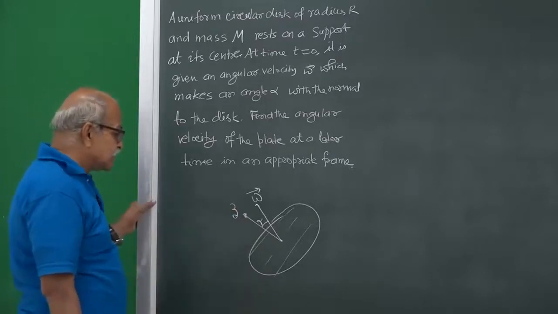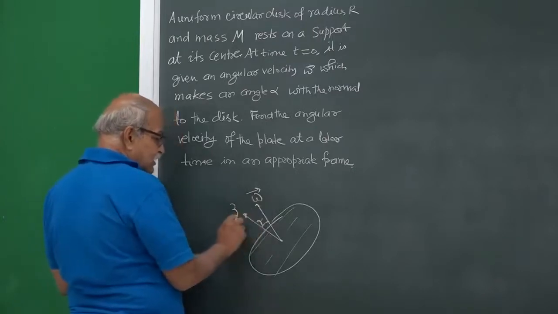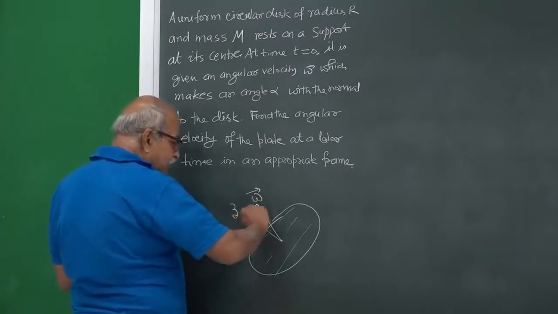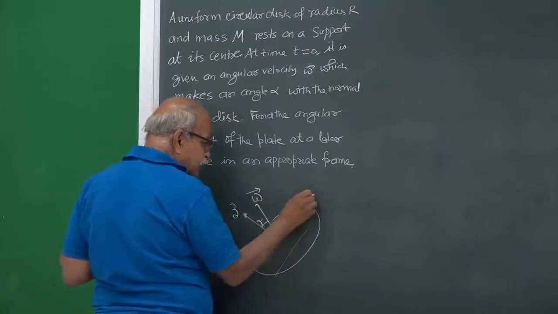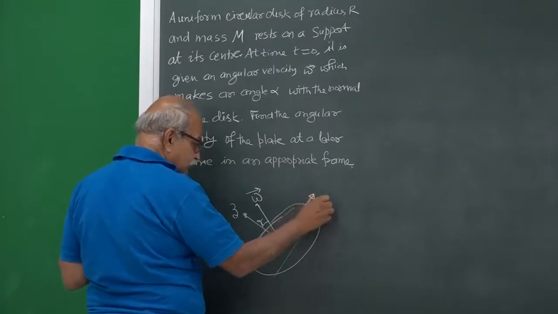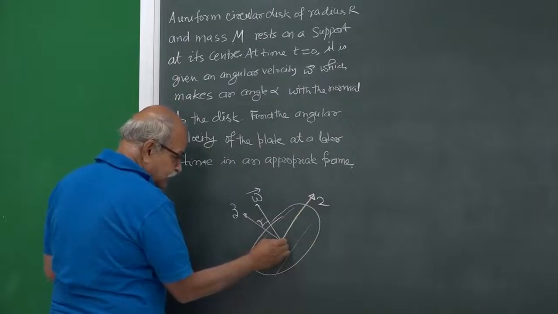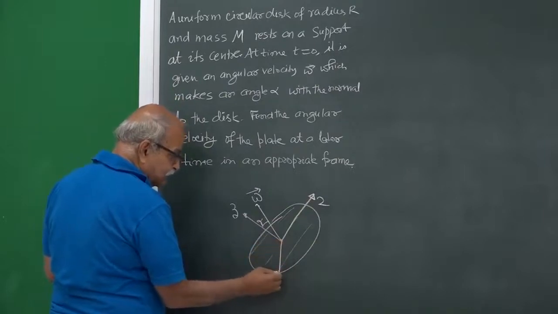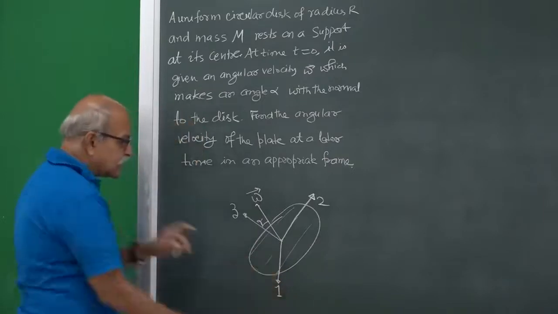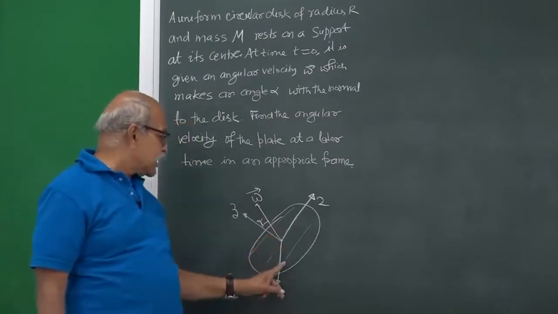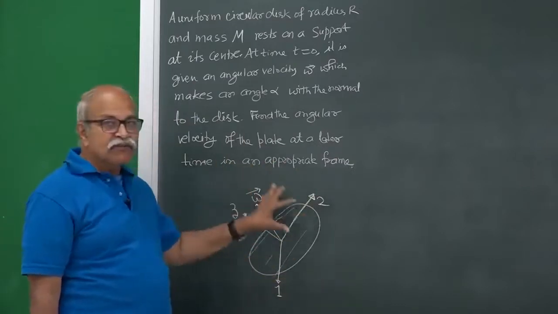So, this is 3, and at t equal to 0 you know what is omega and what is this 3, and in that same plane you draw the radius, and that we will take as our 2 axis, and perpendicular to this 2 axis we take another radius, and that will be our 1 axis. So, this is the radius, this is the radius. They are principal axes, this is the normal, this is also a principal axis. So, this is our principal axis system.